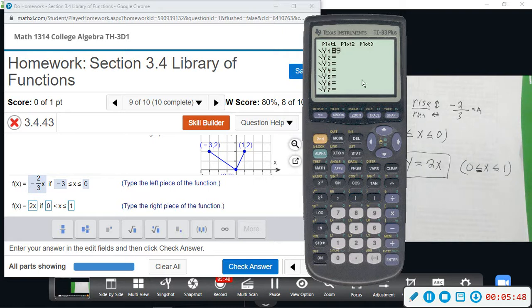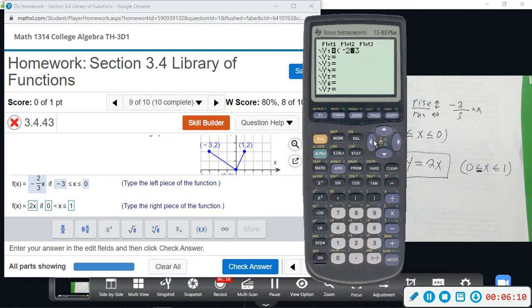I got to type it on this calculator, I forgot. Open parentheses. We're going to do a negative 2 divided by 3 and then x. Actually, I don't like that. Let me delete.